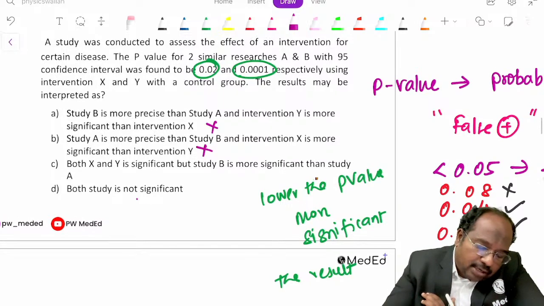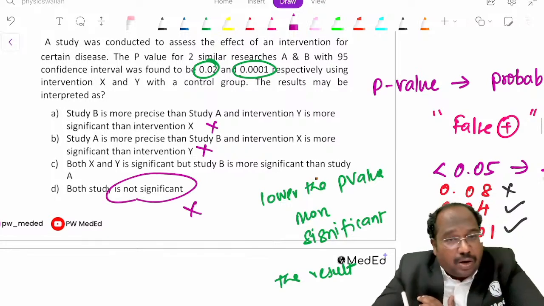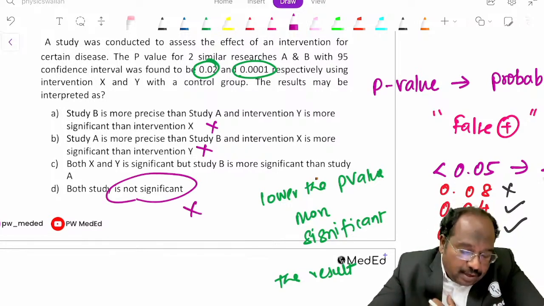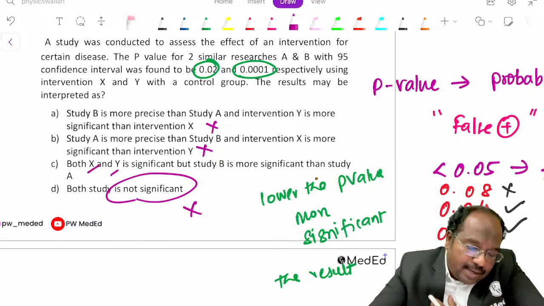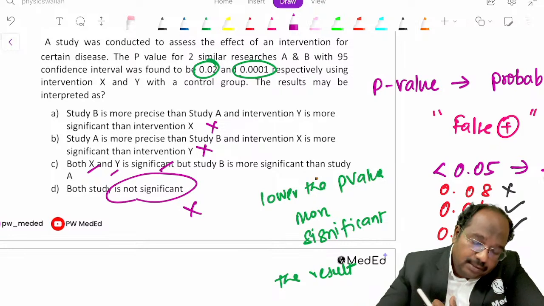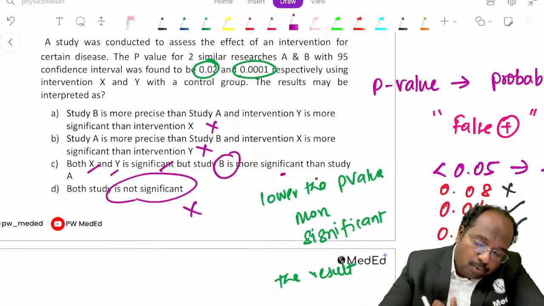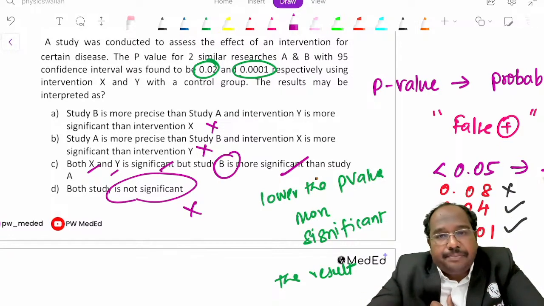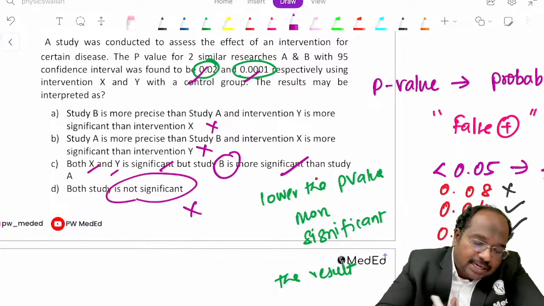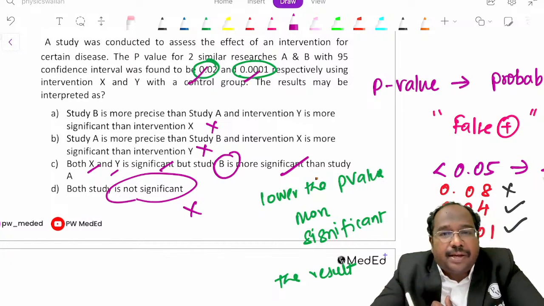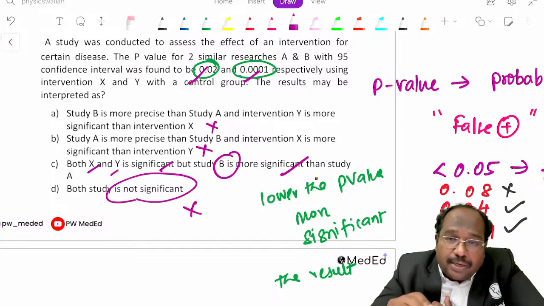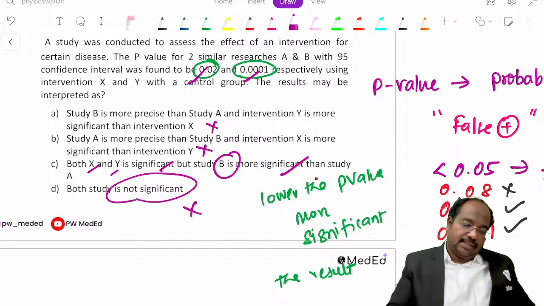Both studies not significant is also wrong. So what you can say is that X and Y are significant, but study B is more significant than study A. Both are significant. 0.02 is also significant. 0.0001 is also significant. But study B, that is 0.001, is more significant. That is the interpretation, guys.